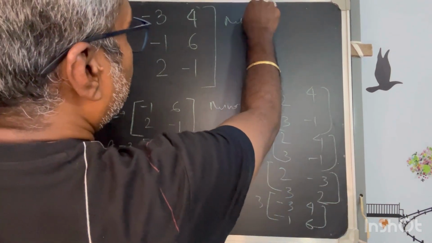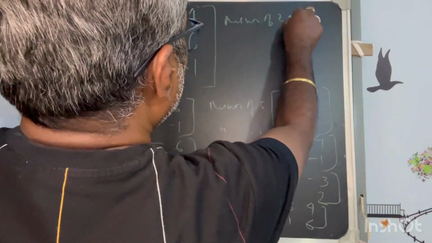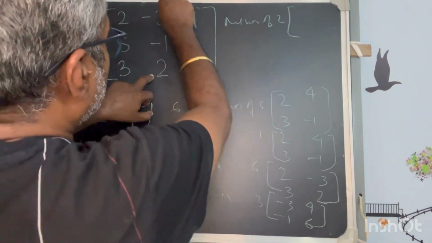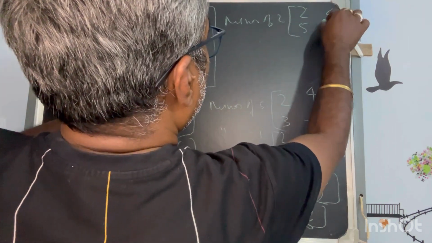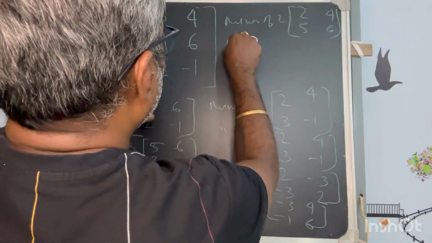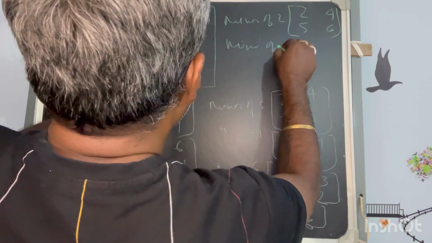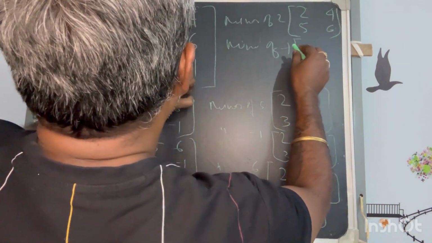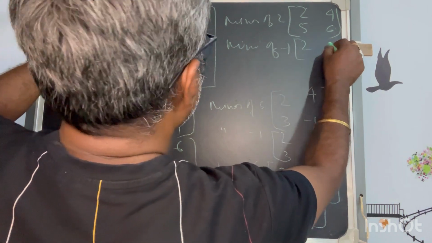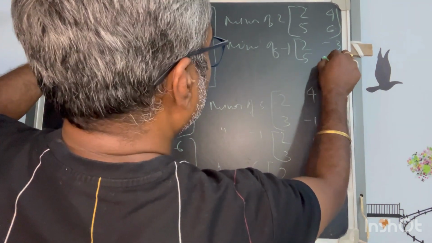The minor of 2 will be 2, 4, 5, 6. And the minor of -1 is 2, -3, 5, -1.